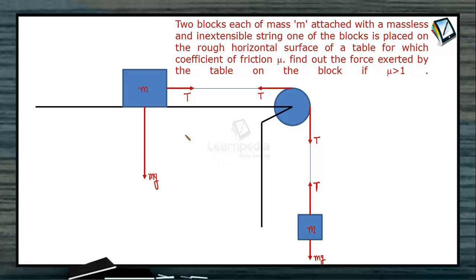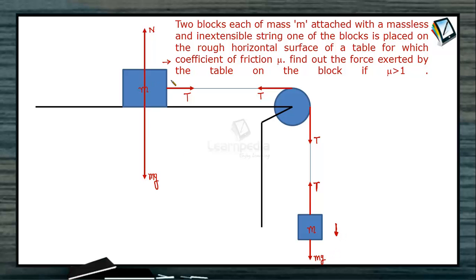What else? There is one normal reaction applied by this table on this block, and because of this tension, this block has a tendency to move in this direction, because the other block will be going downward due to its own weight.